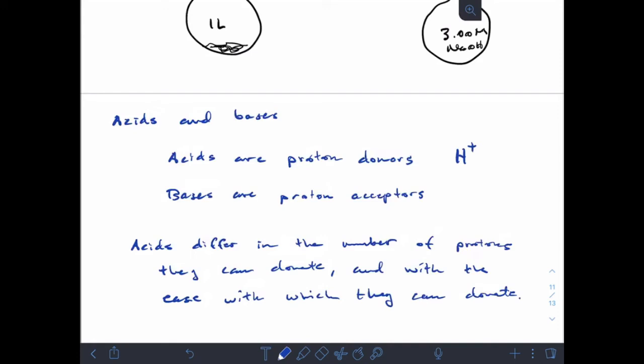Okay, so some acids donate protons better than others. Some acids have more protons to donate than others.